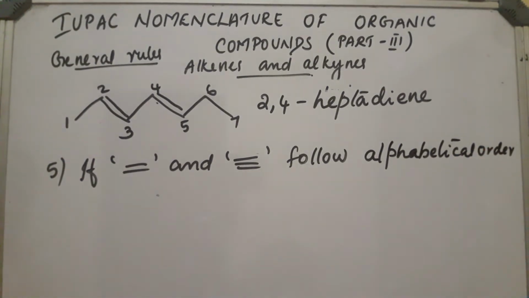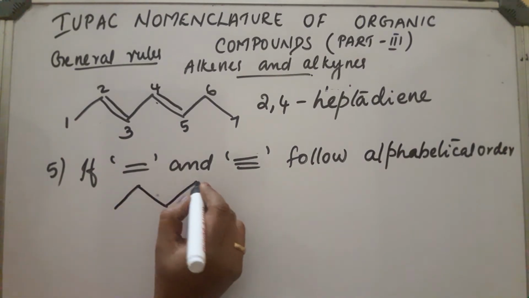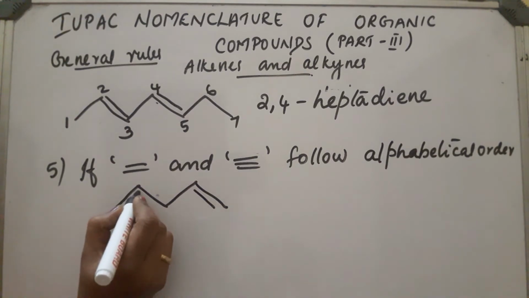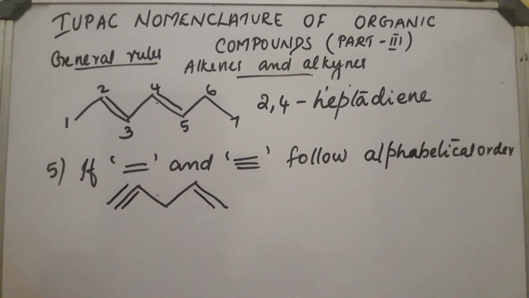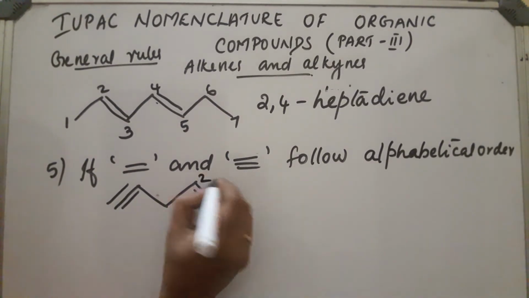Now take one example. Here one double bond and here one triple bond. We can number from either end, but the double bond should get the lowest possible number, so we number from here.